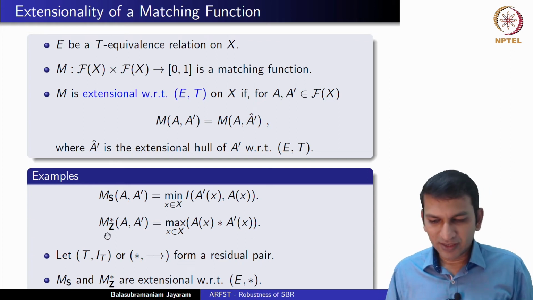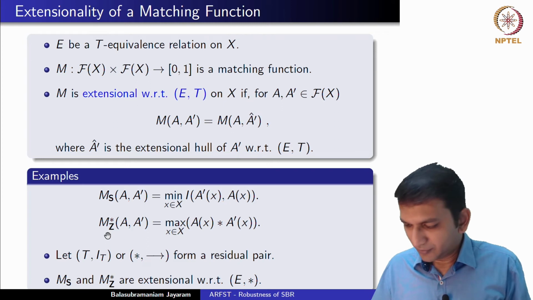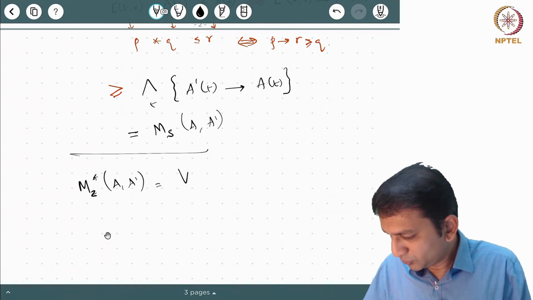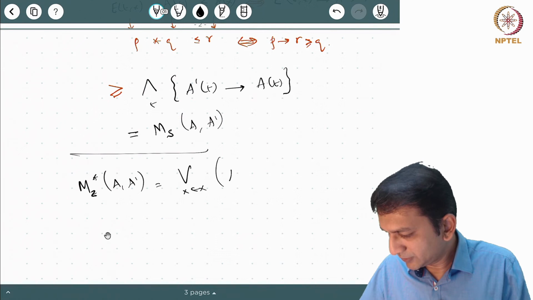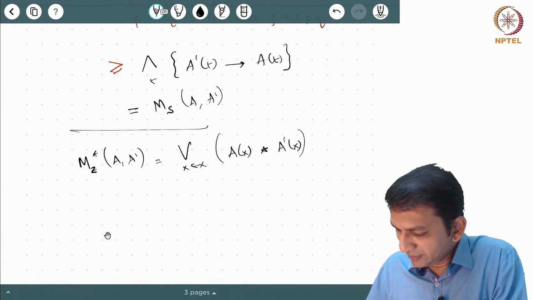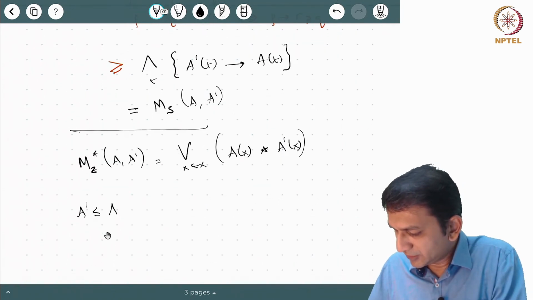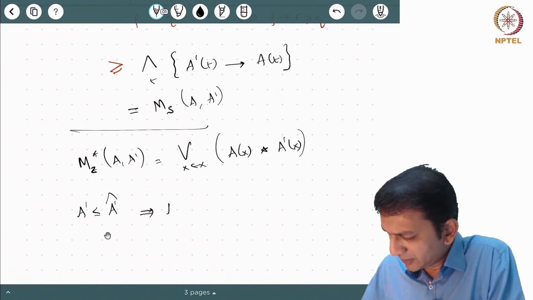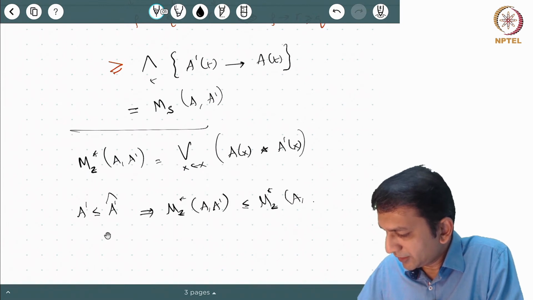Let's also look at mz star. Sup over x, element of x, a of x star a dash of x. It is immediately clear that since a dash is less than its extensional hull, mz of a dash is in fact smaller than mz star of a dash cap.